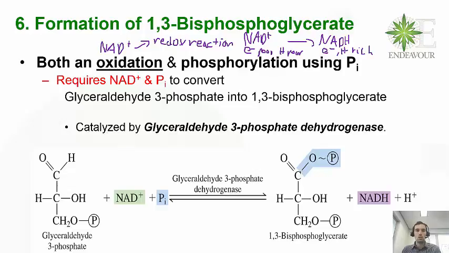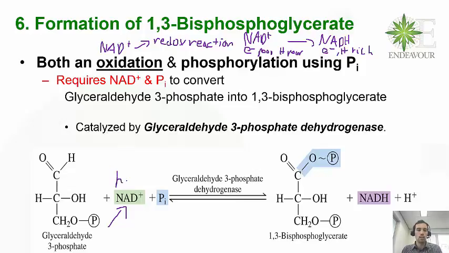So to do this, we actually have to take electrons and hydrogen off our component within the glycolysis reaction, and we're going to give that onto the NAD+. So that's what we're doing here. We're oxidizing glyceraldehyde 3-phosphate through using NAD. So remember, in a redox reaction, one component is oxidized and one is reduced.